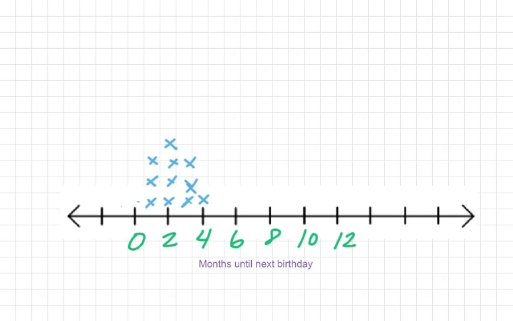Okay, nothing for 5, so I'll just leave that space in between the 4 and the 6 alone. Nothing for 6, and then there are 2 for 7. Nothing for 8, and then there's 1 for 9, and 1 for 10 months away. And then there are 3 for 11 months away.